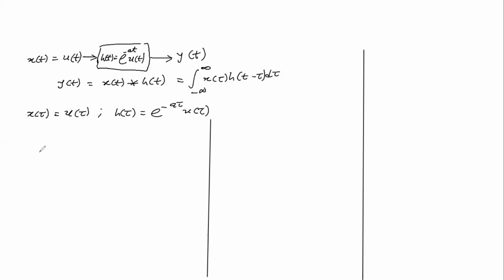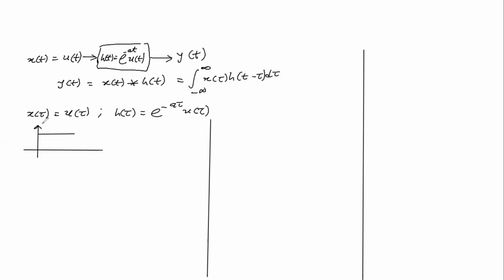Now, S of t is going to look something like this. Let me use straight lines. So we have something like this, and then this is u of tau.